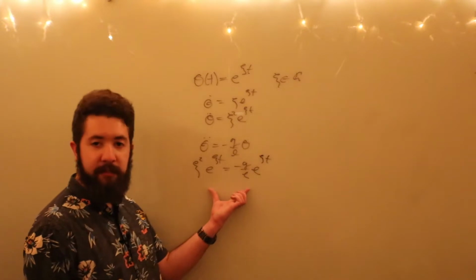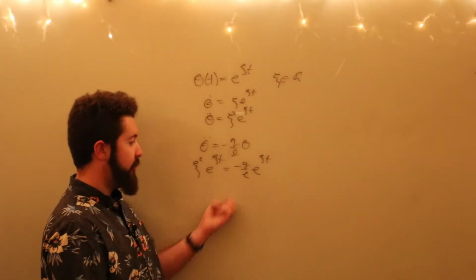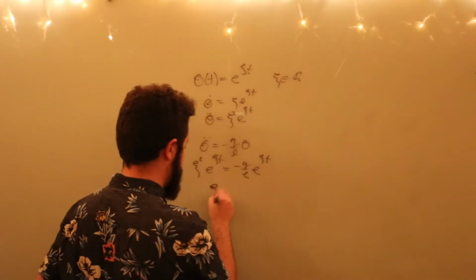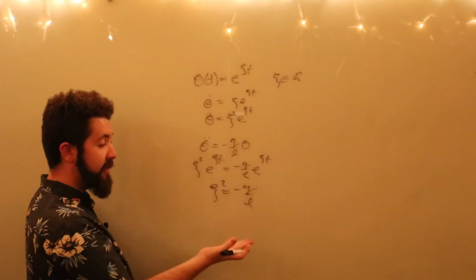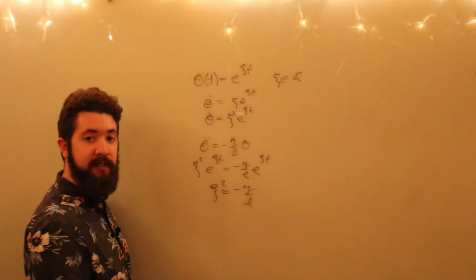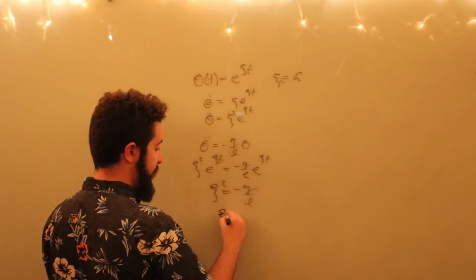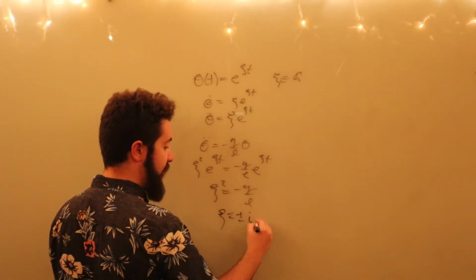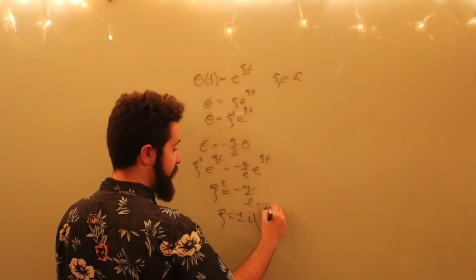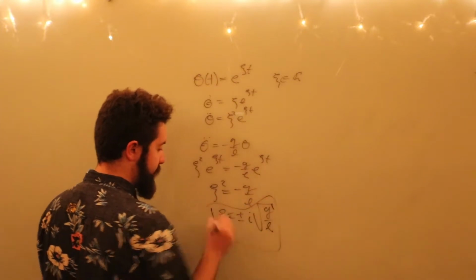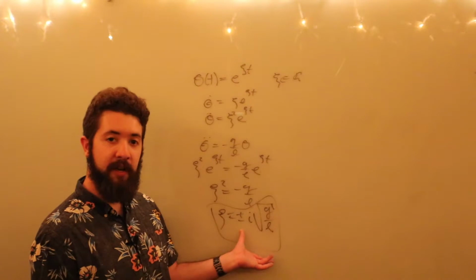The only way that this could be satisfied is if c squared is equal to negative g over L. So if we take the square roots, we're going to get two of them, and since g over L is a positive real number, c is going to equal plus or minus i, the square root of negative 1, times the square root of g over L. So these are going to be our two c values.